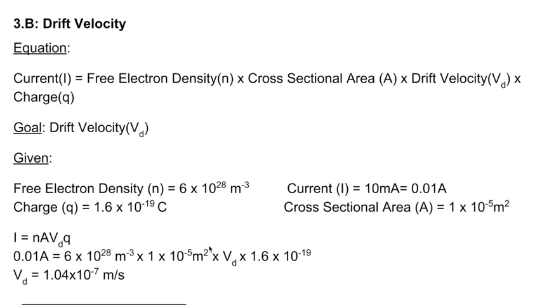Drift velocity, we don't know that yet because that's what we're trying to find, so it's left as VD, times the charge of one electron. Right here. Right, and so we get this. So if you got that, good for you.